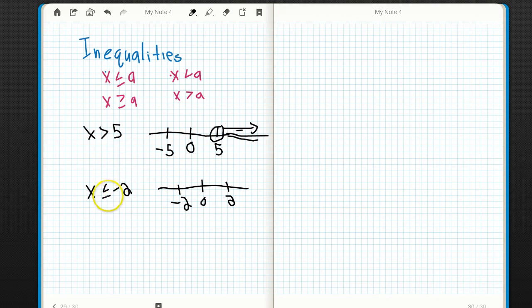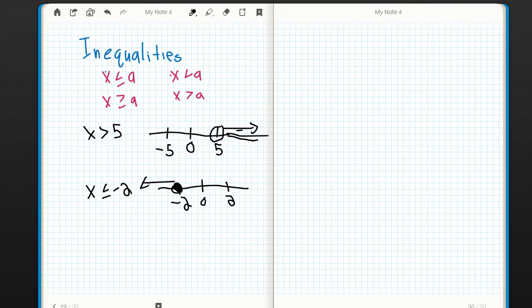Since it has the or equal to part, it's going to be a full circle. So now it says x is less than or equal to -2. Where are all the numbers less than -2? They are all to the left. Look at that, there goes your answer.